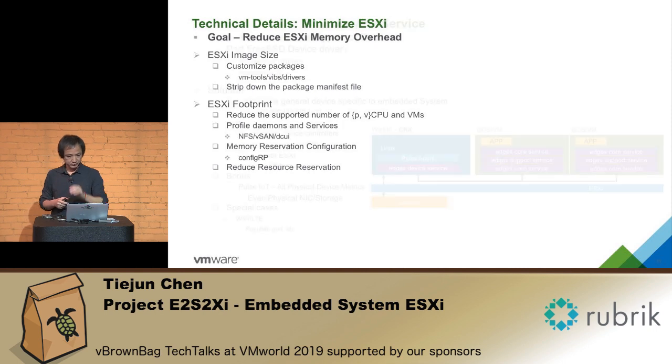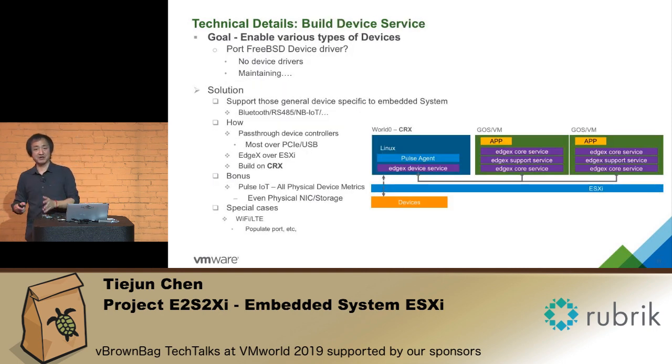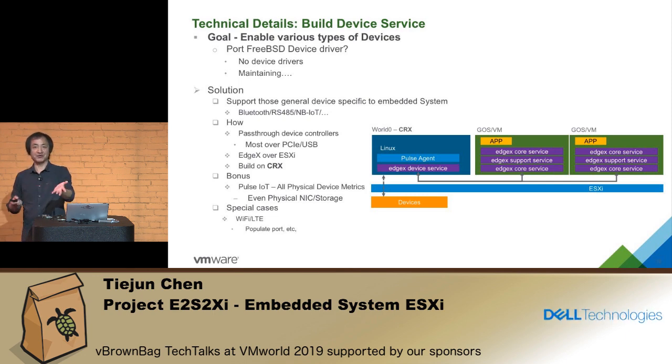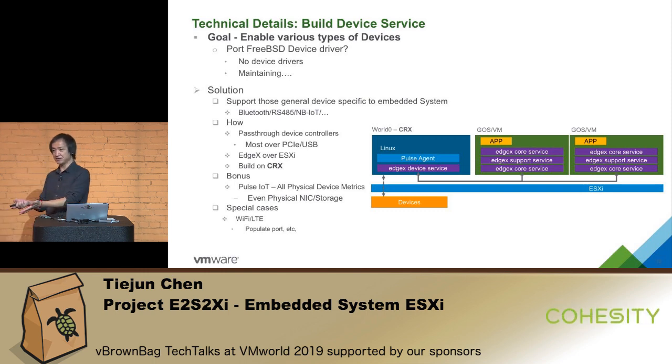Another challenge is about devices. For VMware Cloud Foundation, we just need to consider CPU virtualization, memory, storage virtualization, and network virtualization. You know we have PVSCSI and VMXNET3. But these devices have a variety of interfaces like Wi-Fi, LTE, 4G, Bluetooth, and even Zigbee, and even some industrial protocols like RS-485 and Modbus.